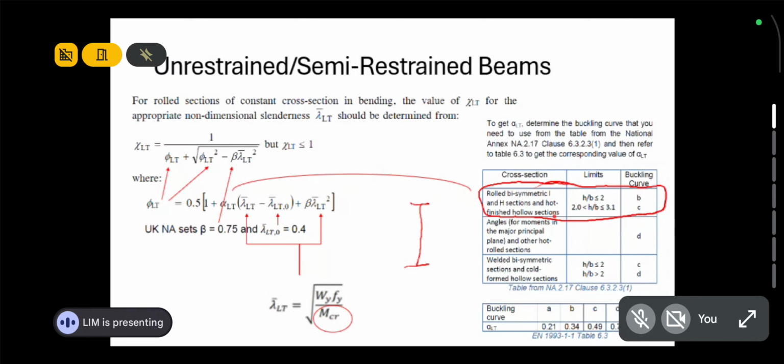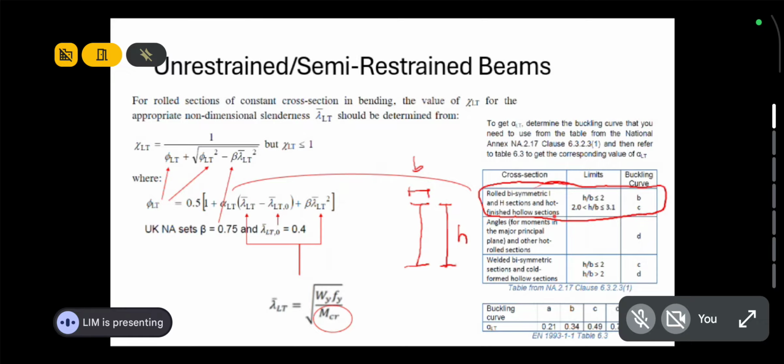H over B less than 2, you use buckling curve B. If it's more than 2, less than 3.1, then you use C. H over B is basically height divided by the breadth or the width.